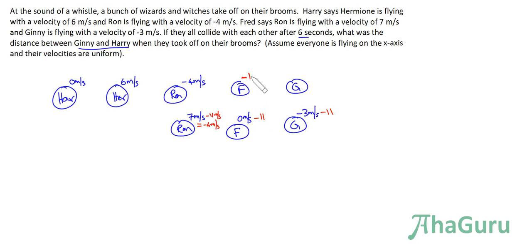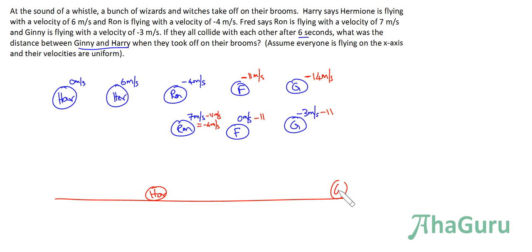So Fred's velocity is minus 11 meters per second and Ginny's velocity is minus 14 meters per second. So on Harry's diagram, Ginny is coming towards Harry with 14 meters per second. If you look at the diagram, Harry is somewhere at this point on the x-axis, and Harry sees Ginny flying towards him with 14 meters per second because she has minus 14.